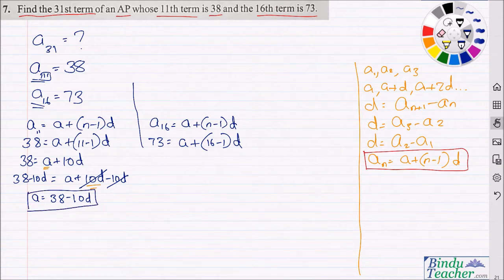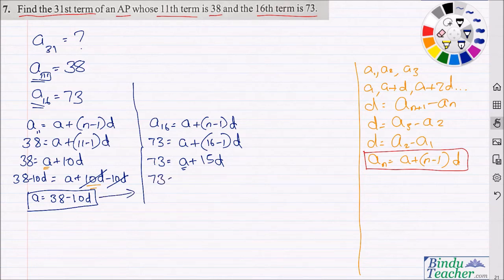Now let's move on to the second equation. We have 73 equals a plus 16 minus 1, which is 15d. Now we know the value of a from the previous equation, so let's do the substitution.